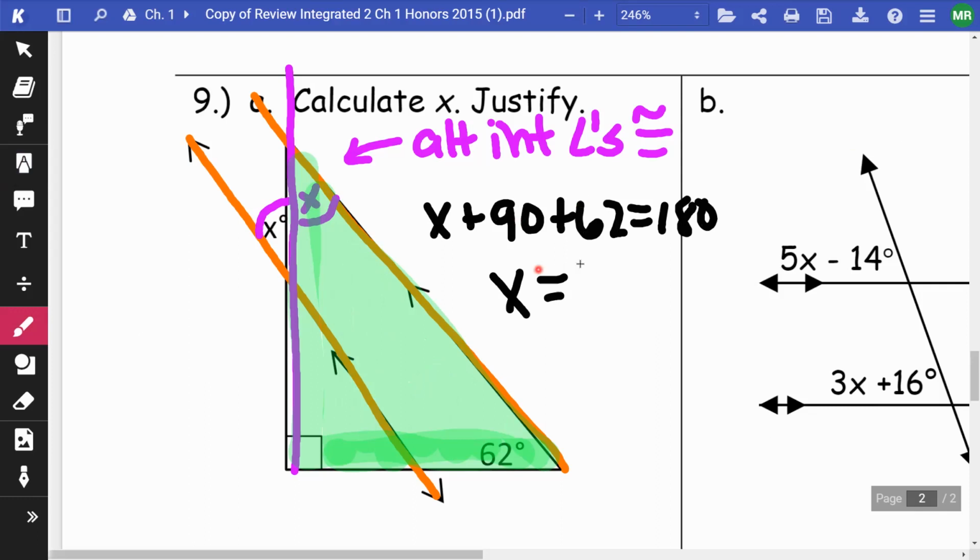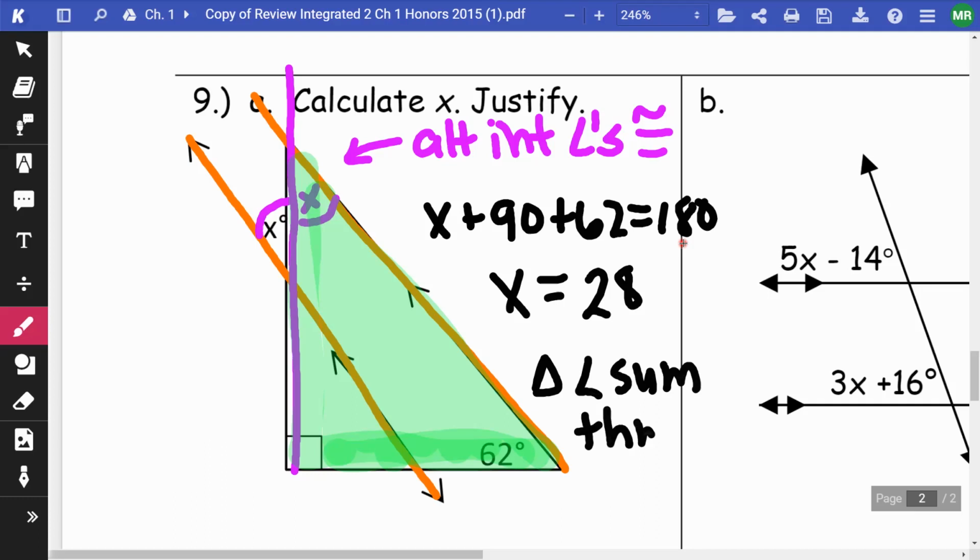Subtracting 90 from both sides, x plus 62 equals 90, and so I get 28 when I solve that as my answer. And why could I write this? I call it the triangle angle sum theorem, which basically states that angles in a triangle add to 180.